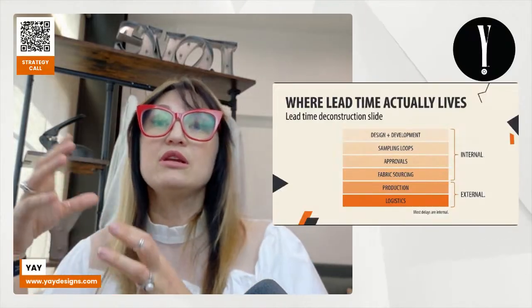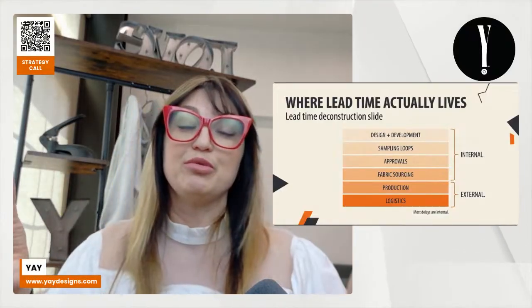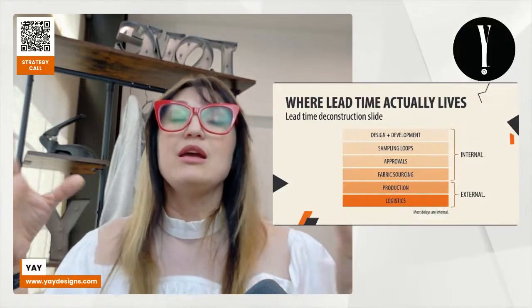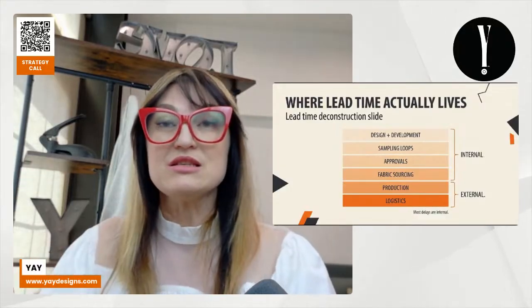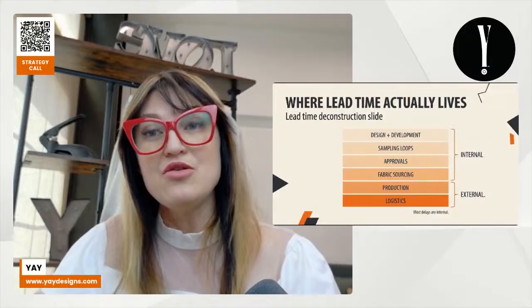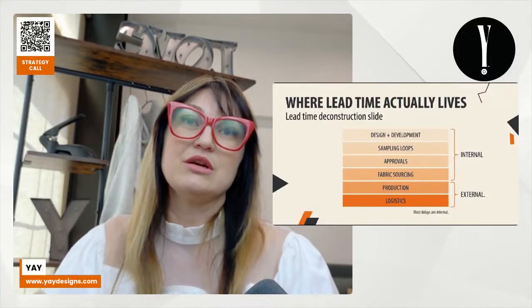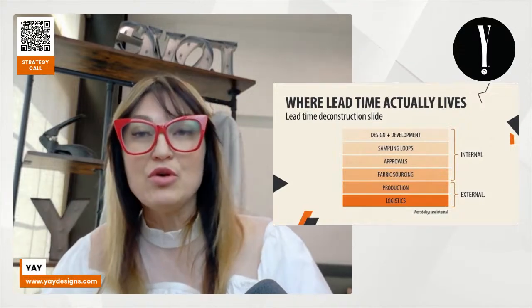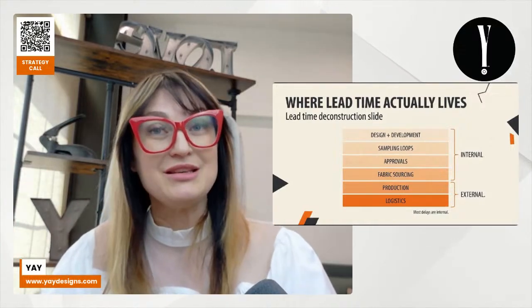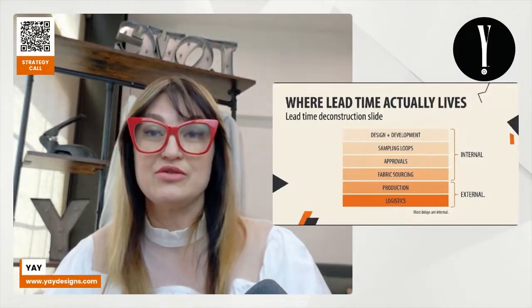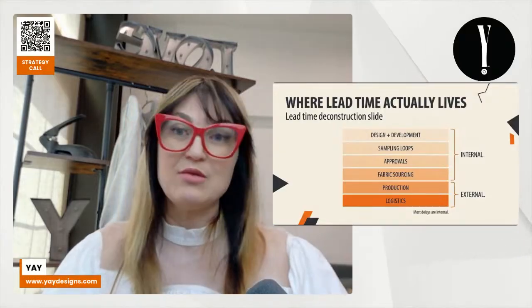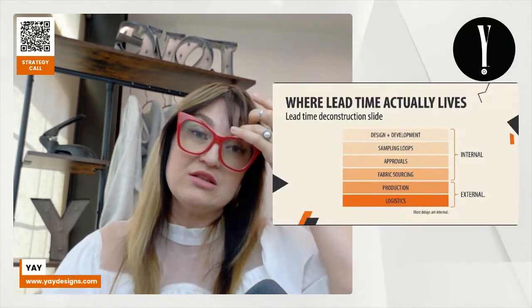And if you put the development lead time together with the production lead time, in an average business within the fashion industry right now, it's still 9 months out, and that's in the best case scenario, from the time you start to develop and design to the time you're actually able to ship it to the customer.